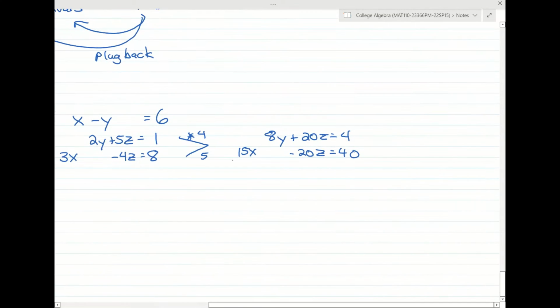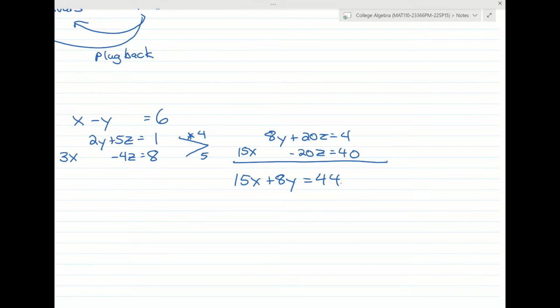And if we add those together, we'd get 15x plus 8y is equal to 44. So if we get rid of that z, we have one equation with x and y. We also have the top equation with x and y. So we were successful in going from 3 equations to 2.